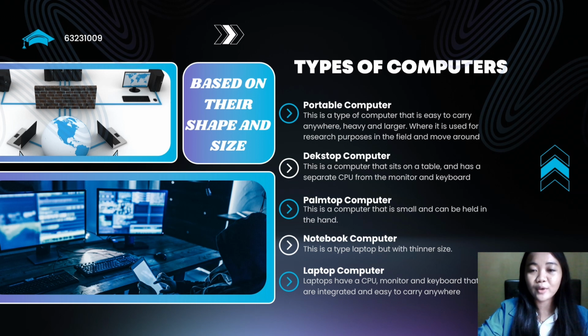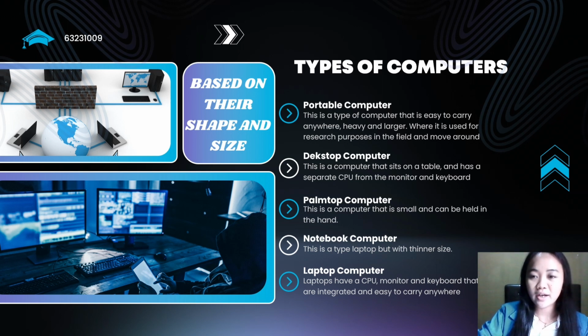This is a type of computer that is on the table, a computer that has a separate CPU from the monitor and keyboard. 3. Palm-top computers, which are small and handheld. 4. Computer notebooks are types of laptop with a thinner size. 5. Laptop computer has a CPU, monitor, and keyboard that is integrated and easy to carry anywhere.